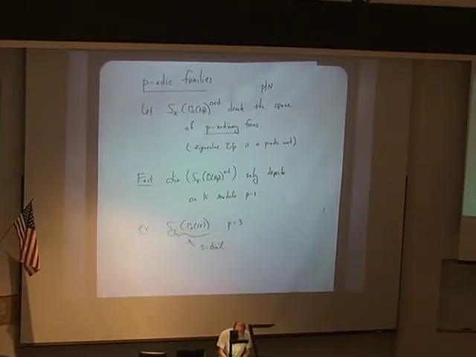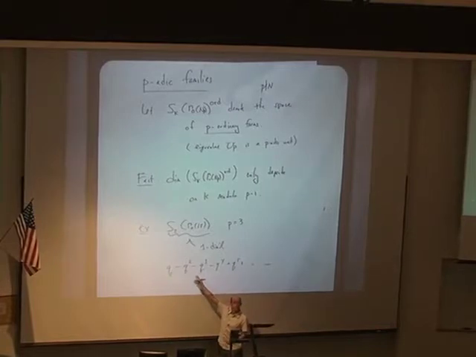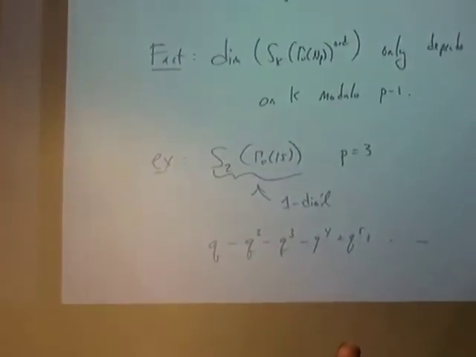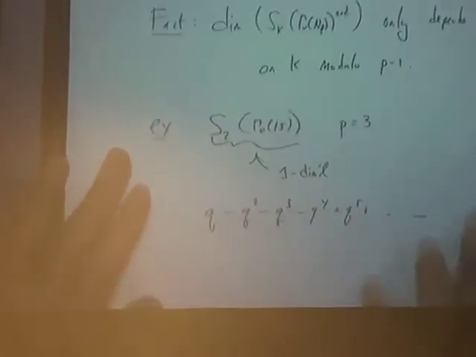And if I look at its unique normalized newform, its q-expansion looks like this. Copying out of my notes. Okay, so I'm picking p equals 3, so in particular, it's ordinary at 3 because the third coefficient is minus 1, so 3 doesn't divide it. So this is ordinary, so the full space is ordinary.